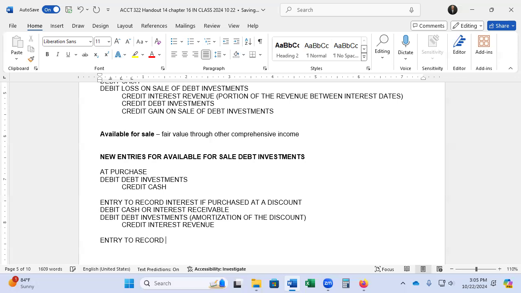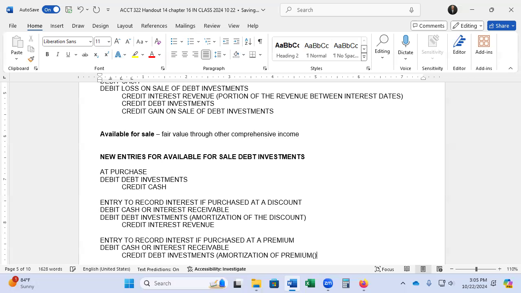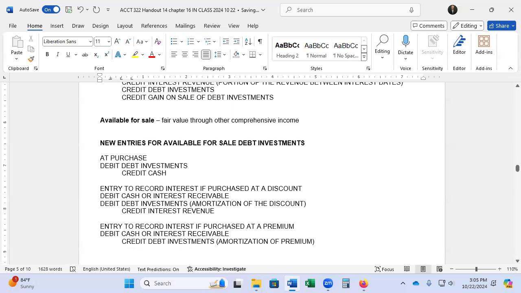Entry to record interest if purchased at a premium. And so we have a debit to cash or interest receivable. And then we have a credit to debt investments, amortization of premium, and then credit interest revenue.